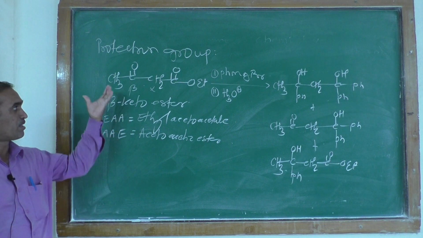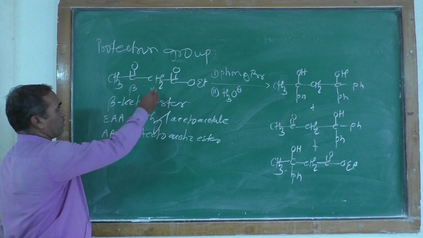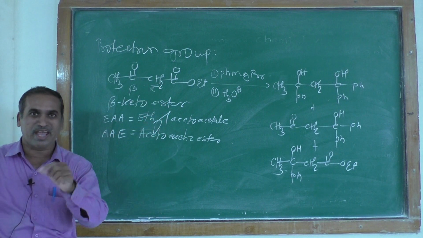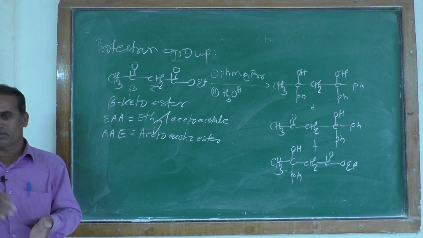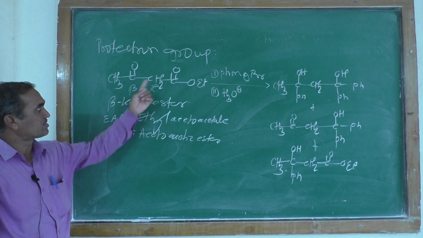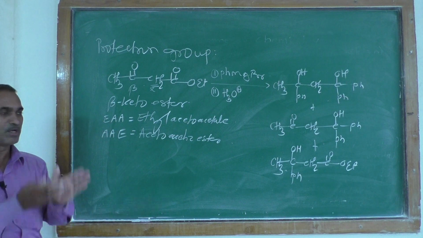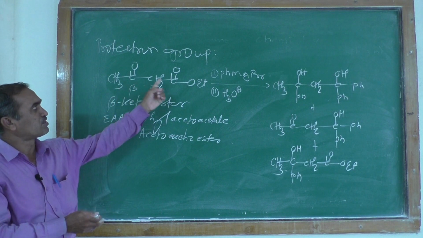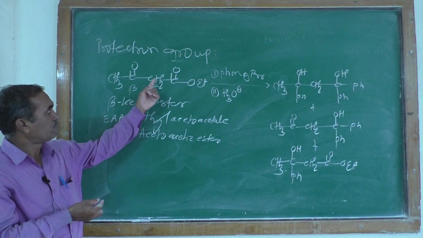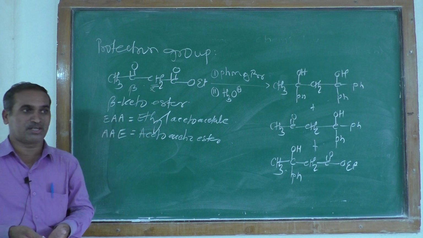This is a versatile synthon, and a variety of organic compounds we can prepare by using this molecule, because this molecule contains a CH2 group known as a reactive methylene group. In your previous classes you might have learned this concept of reactive methylene group, because it is present in between two carbonyl groups. So the proton is highly acidic in nature.